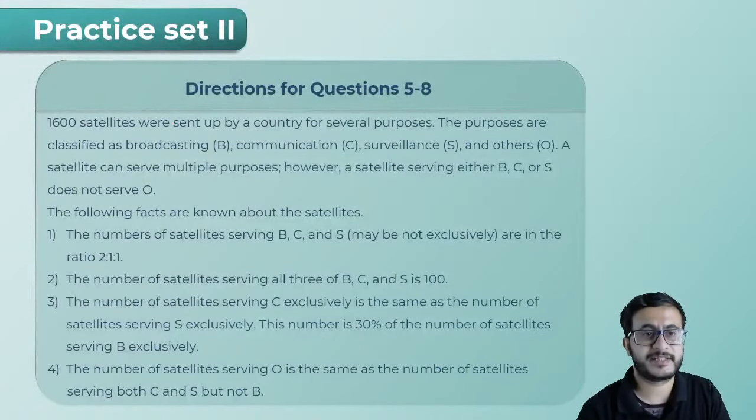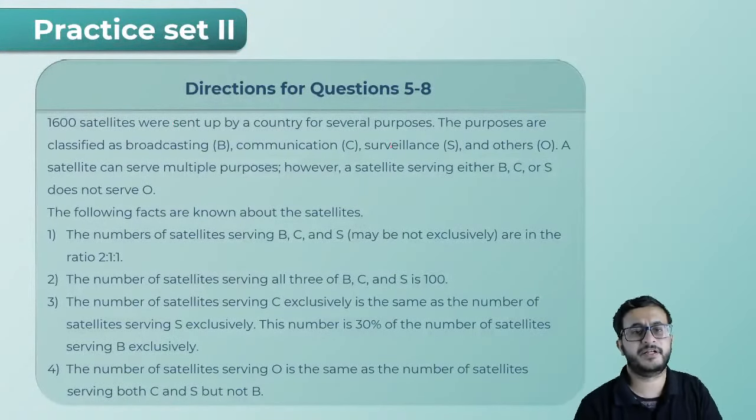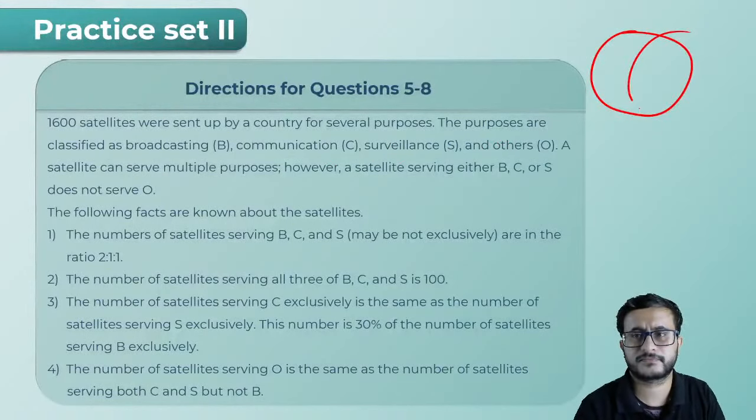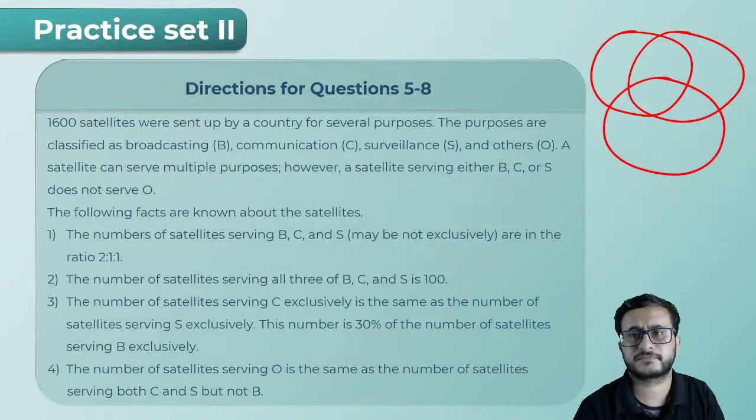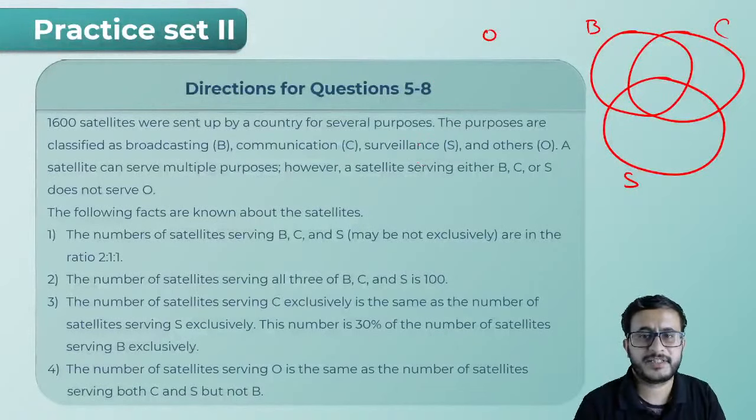So it said there are 1600 satellites. They were sent by a country for several purposes. The purposes are broadcasting, communication, surveillance, and others. A satellite can serve multiple purposes.